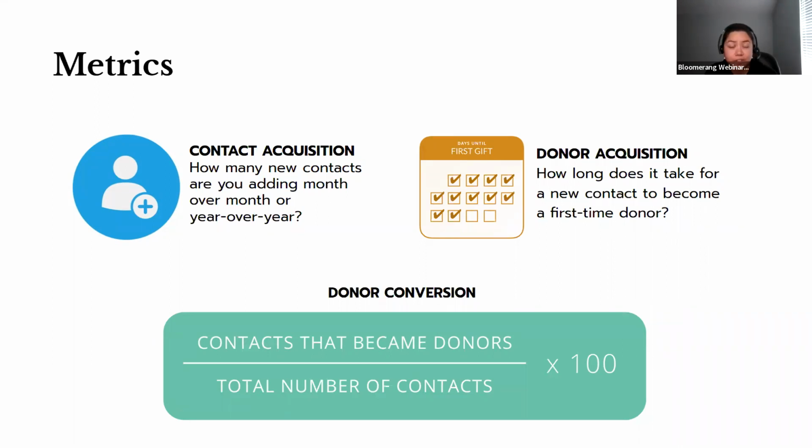What's good about keeping your contacts within your donor database is you can have that full history from when they first became a contact, and you can check what activities led them to becoming a first-time donor, and you can track how long it took for them to become a first-time donor. So those are the pros and cons.